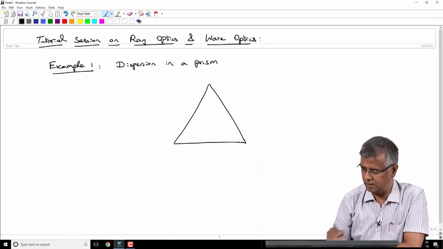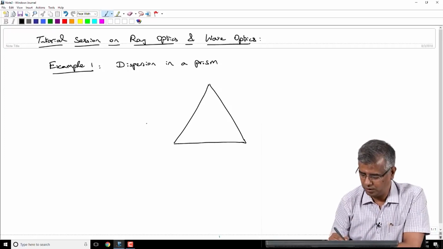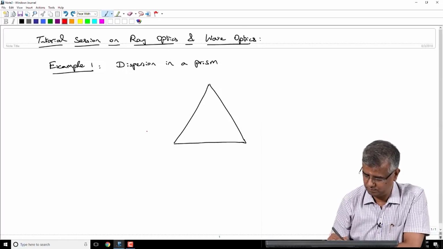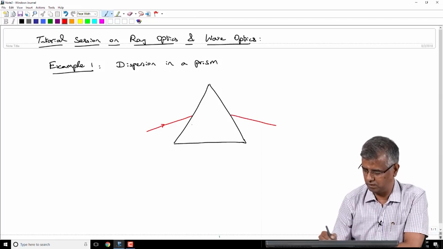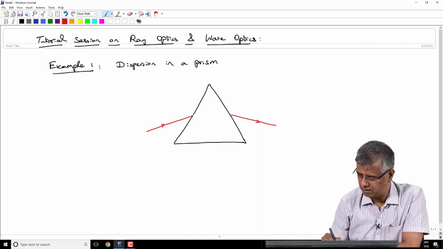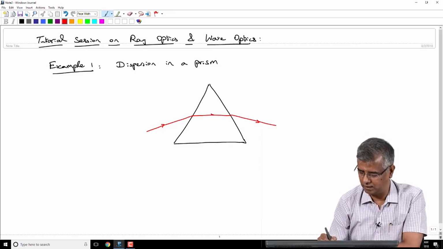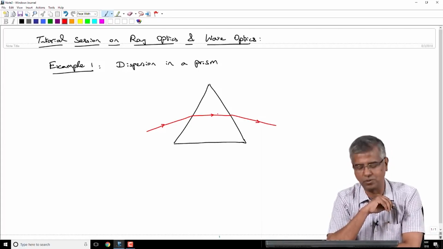So let me just draw this prism over here, and what we have now is a ray of light coming in, and a ray of light going out from this prism. Of course, what is happening is you have refraction in this case. We are considering a transparent medium, so it's going to go through.